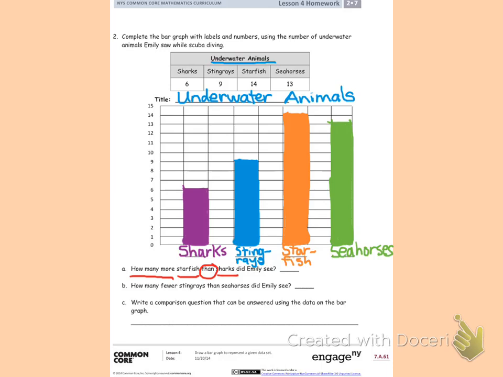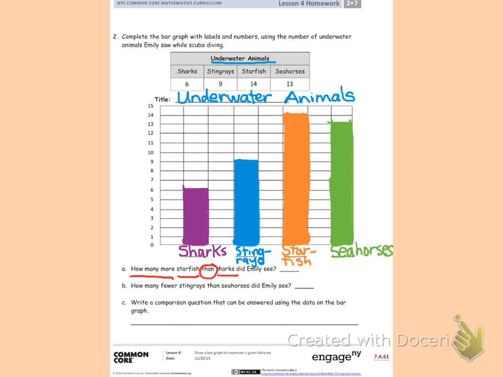When I'm looking for the difference, I'm looking for a subtraction problem, because difference means the answer to a subtraction problem. So let's take a look. When we subtract, we always put the big number first. I can see that starfish has 14.